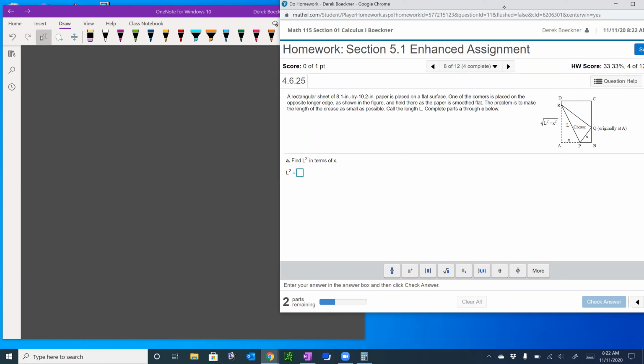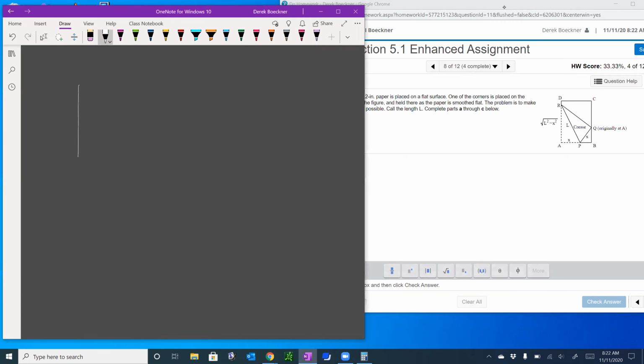Okay, so it's given us this picture already. Let's draw the picture again and label a few more relevant things. So I'm going to take this point to this point.